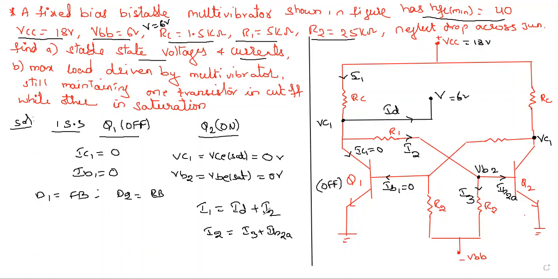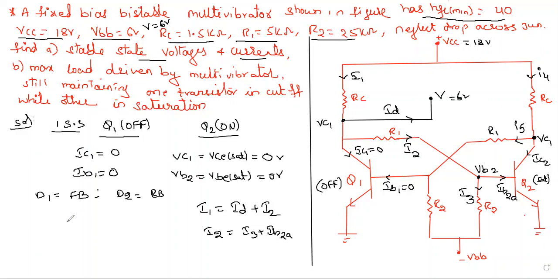Now let us assume the current flowing through this as I4. What happens here? The current flowing here is IC2, as it is in saturation, in on state. Let's say the current flowing here we assume as I5. So this is R1.